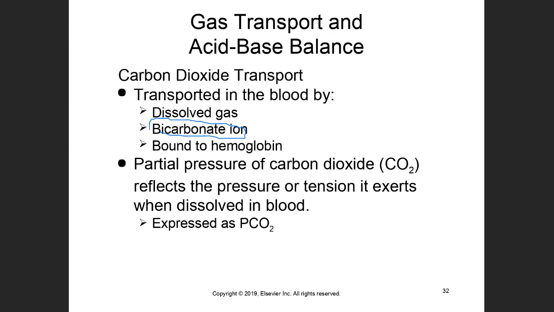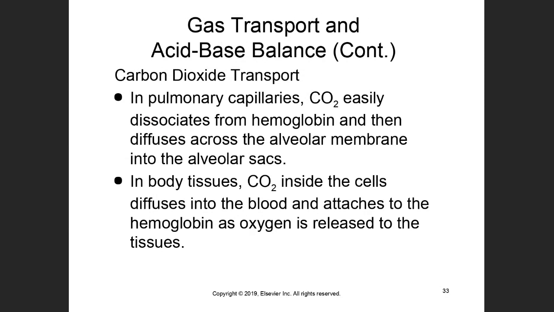Remember that we also have PO2. In pulmonary capillaries, CO2 easily dissociates from hemoglobin and then diffuses across the alveolar membrane into the alveolar sac. In body tissue, CO2 inside the cell diffuses into the blood and attaches to the hemoglobin as oxygen is released to the tissue.